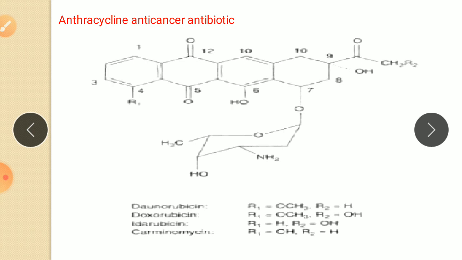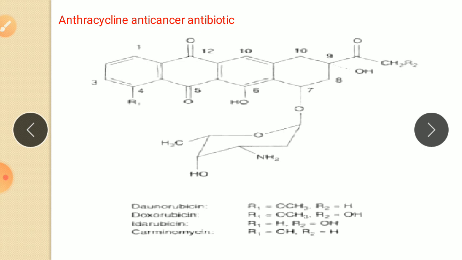Subsequent work focused on the ability of these compounds to generate free radicals. Although free radical generation is thought to be important in toxicity, the currently accepted mechanism involves intercalation followed by inhibition of the topoisomerase II enzyme, resulting in strand breakage leading to apoptosis. Anthracyclines are considered specific for the S phase of the cell cycle.